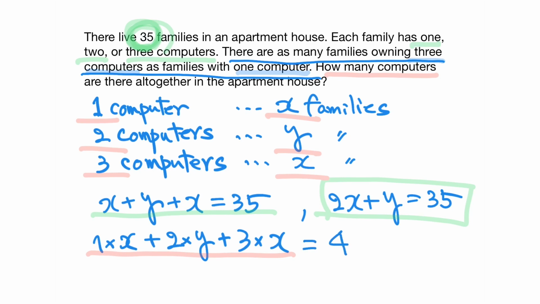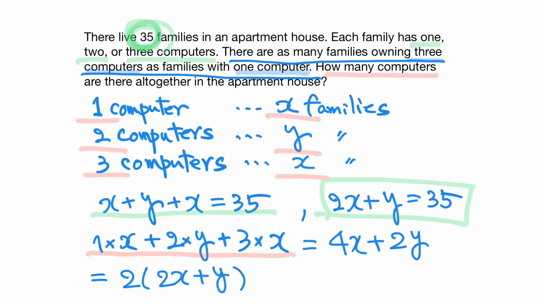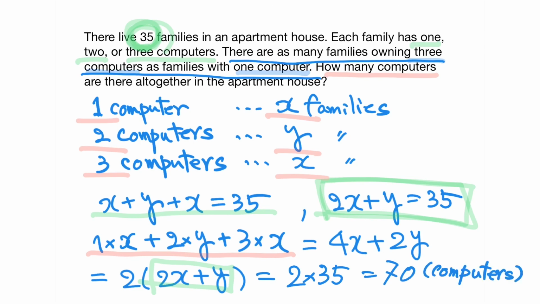It equals 4x plus 2y, which equals 2 times (2x plus y). You remember 2x plus y is 35. So this is 2 times 35, 70. 70 computers there. This is the answer.